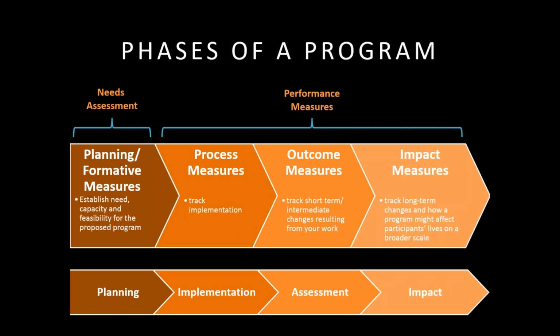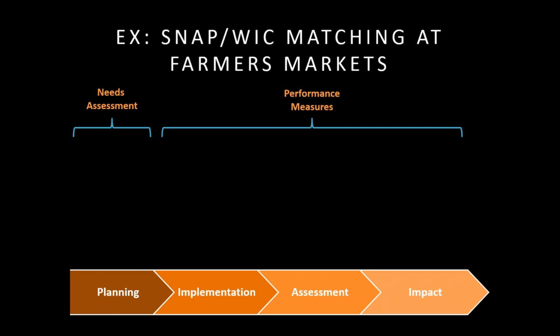All right, so let's talk about some examples of some very specific metrics or indicators or performance measures for a very specific example. So say you're a program who is aiming to roll out a matching program in your region. So you want to establish some more farmers markets, and you want to make sure that they all provide SNAP and WIC benefits and matching at these farmers markets.